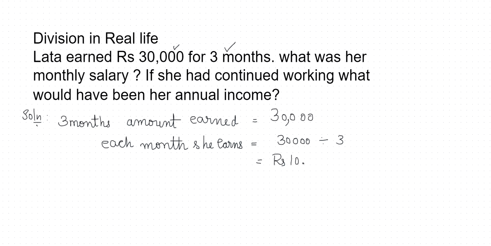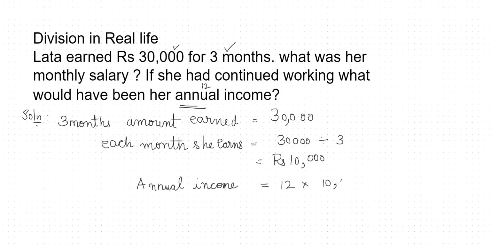Now we have to find her annual income. Annual means 1 year. For 1 year, you have 12 months. So her annual income will be 12 into 10,000.